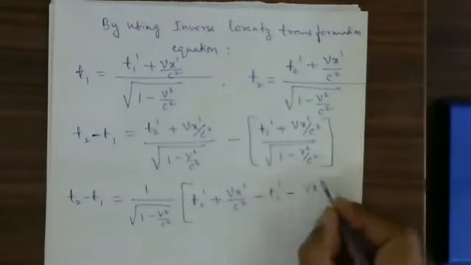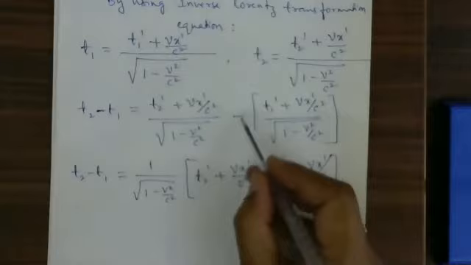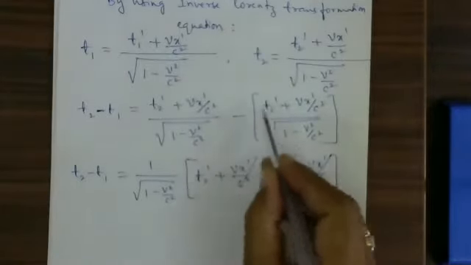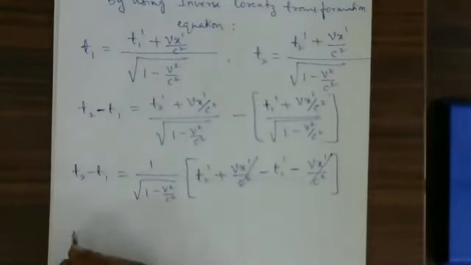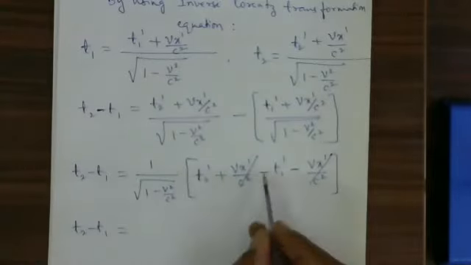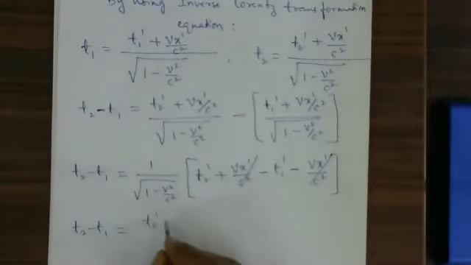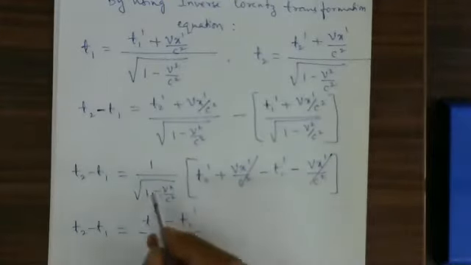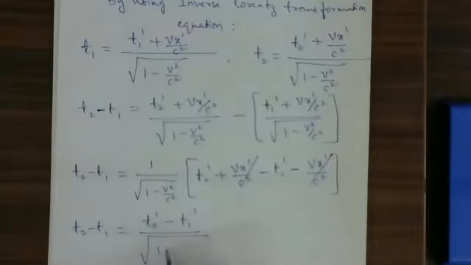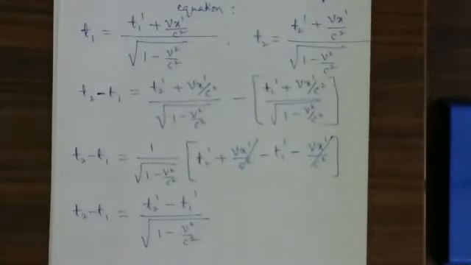Now these two get cancelled. Is it correct? Check it out. The common factor is already taken outside. The remaining thing: T2 minus T1 is equal to T2 dash minus T1 dash divided by square root of 1 minus V square divided by C square.